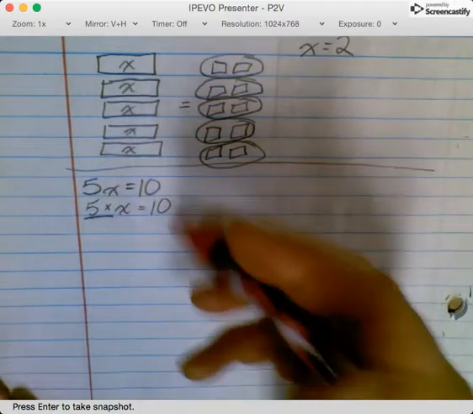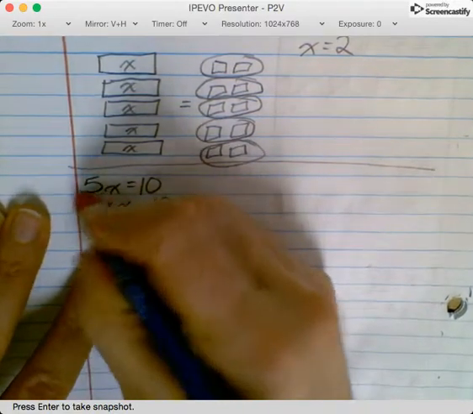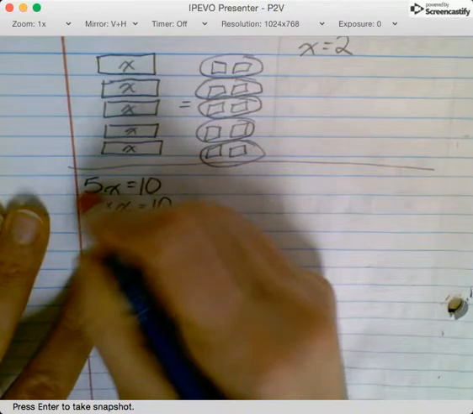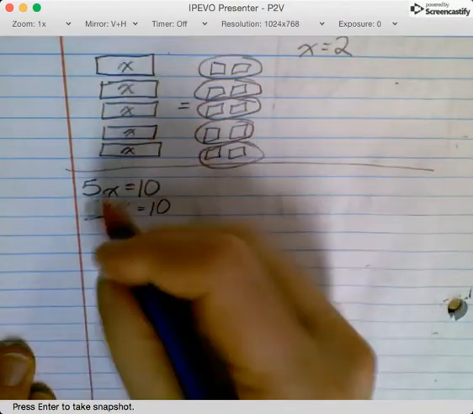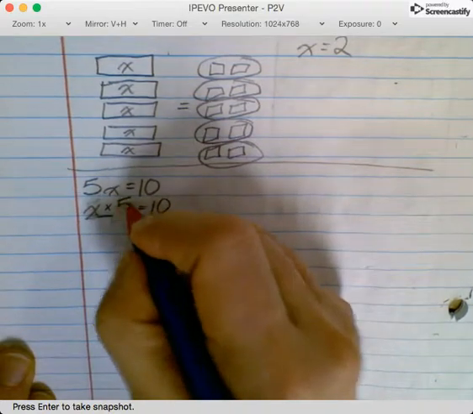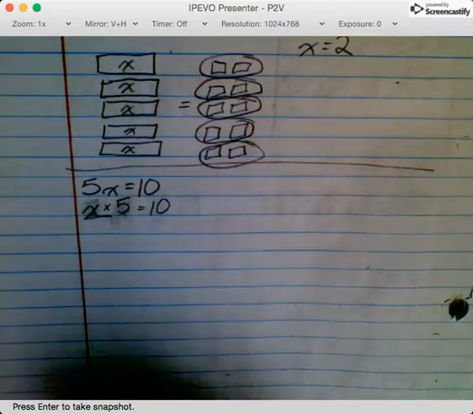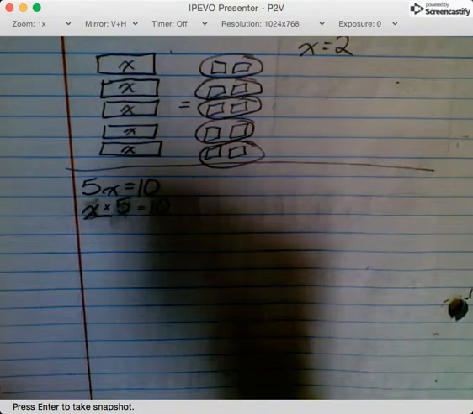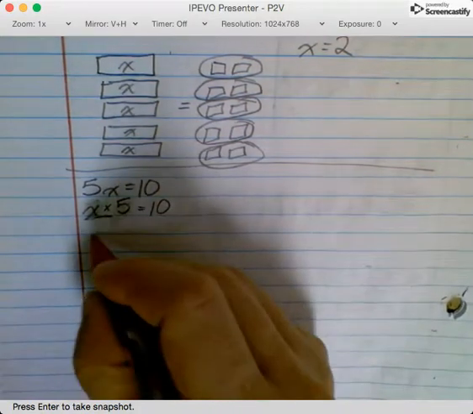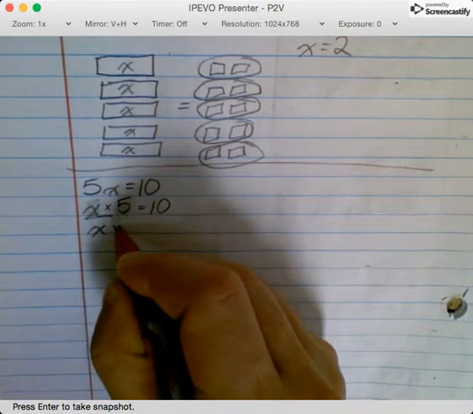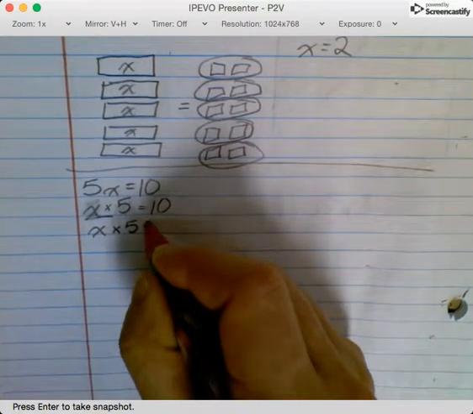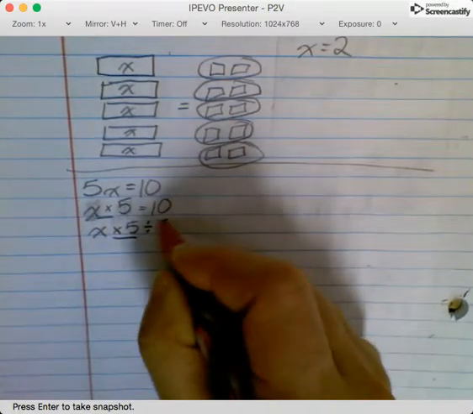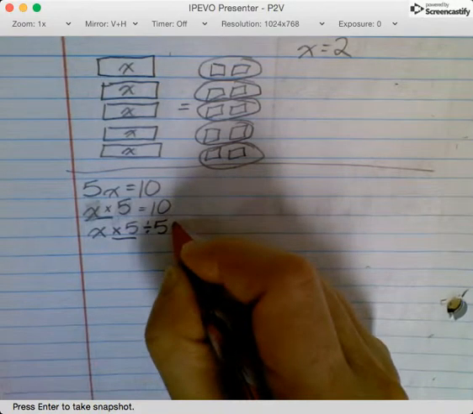So let me write that in a different order, because when we think about it as x times 5, it can kind of make it easier to understand. So if I think about it as x times 5, the opposite is division, so I divide it by 5, and that equals 10 divided by 5.